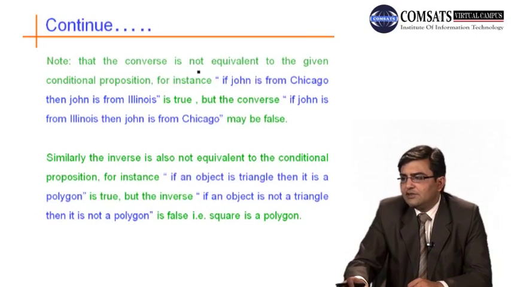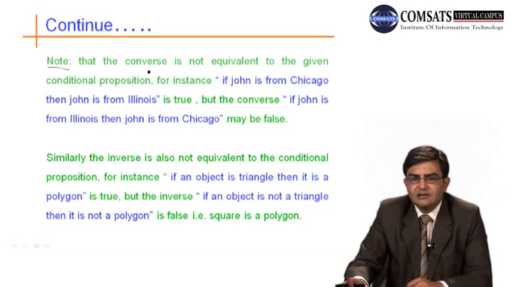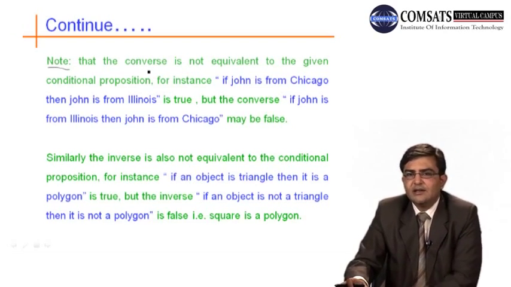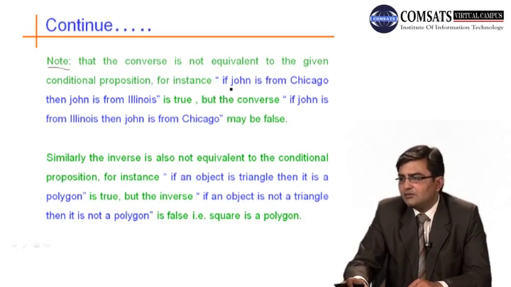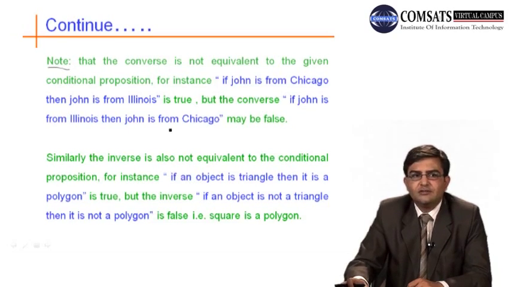Here are some other examples showing that the converse is not equivalent to the given conditional proposition. There is a note here that the converse of a conditional statement and the conditional statement itself are not logically equivalent. For example, if John is from Chicago, then John is from Illinois is true, but the converse, if John is from Illinois, then John is from Chicago, may be false.